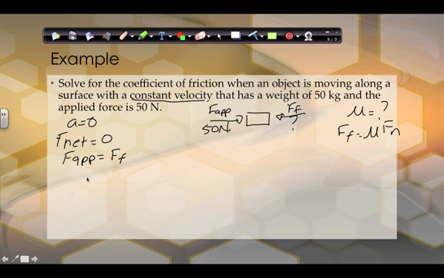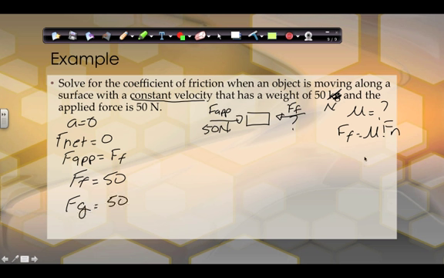So I know that my force applied is 50, so my force of friction is also 50. I also know that my normal force is the same thing as my weight. So it says that it has a weight of 50 kilograms, and that should not be that. It should be 50 newtons. So my weight is 50.